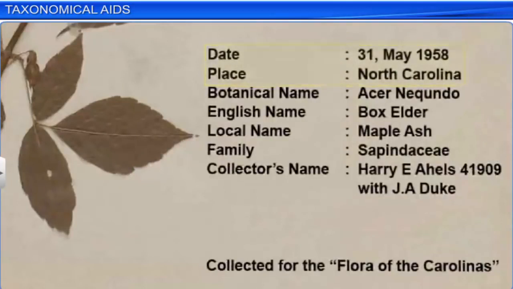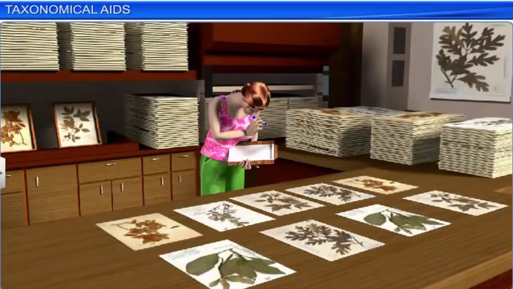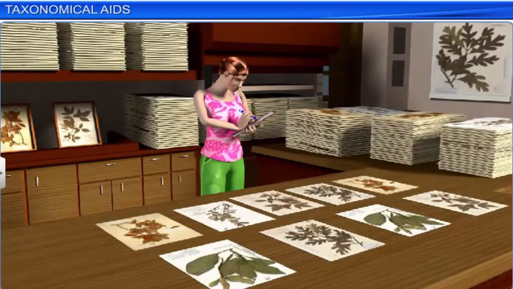Details like the date and place of collection, the English, local and botanical names, the family of the specimens, and the collector's name are also recorded. These herbarium specimens are often used as reference material in taxonomic studies.